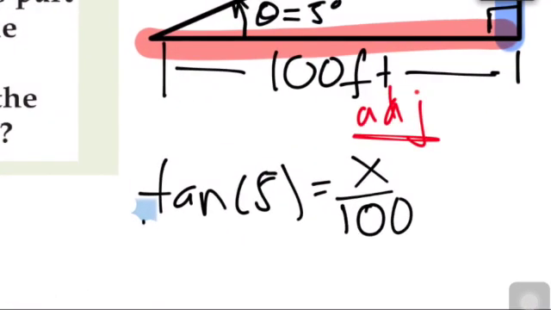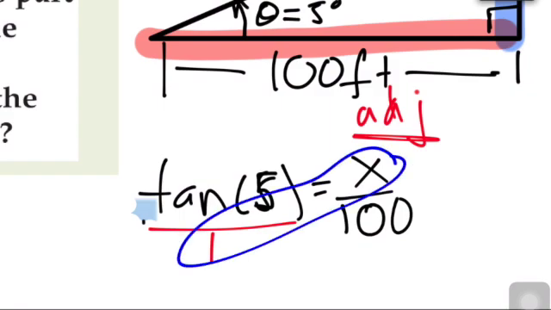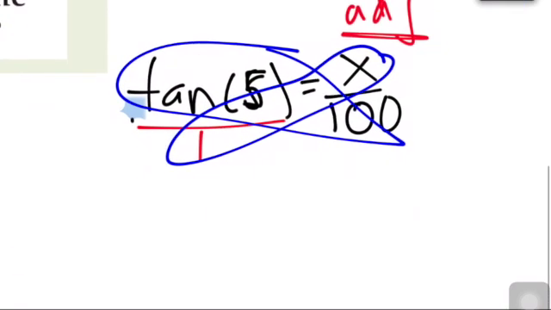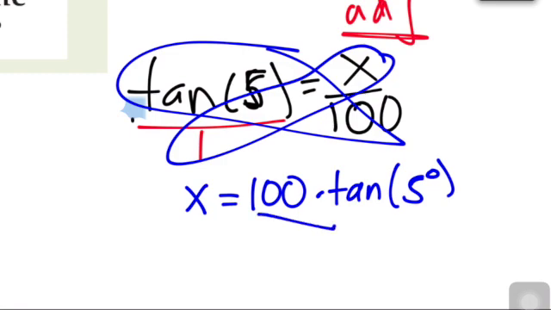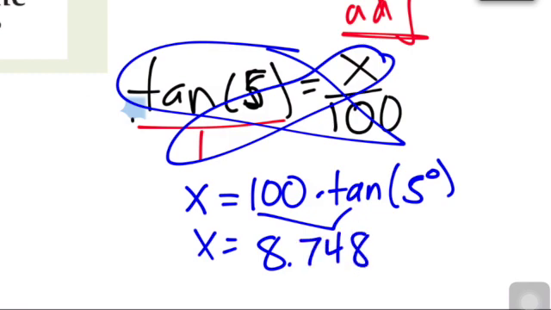So now we have to go ahead and cross multiply. So let's divide each side by 1, cross multiply. So I'm going to end up with x equals 100 times the tangent of 5 degrees. I'm going to go ahead and plug that into my calculator. So I get 100 times the tangent of 5 degrees, and I end up getting 8.748.